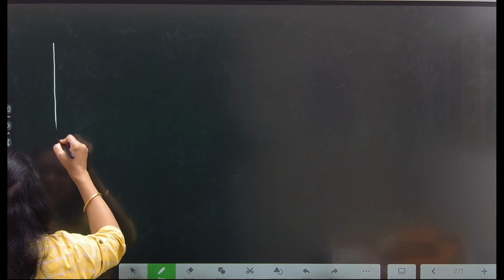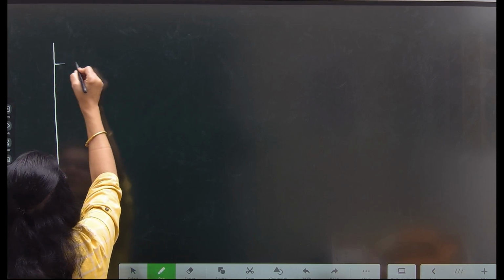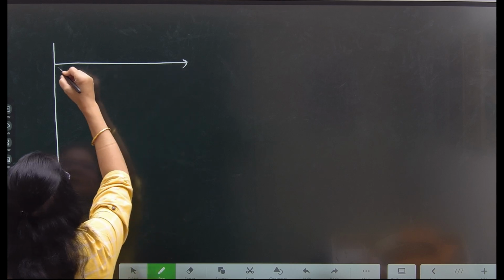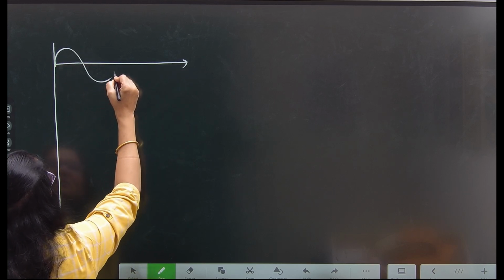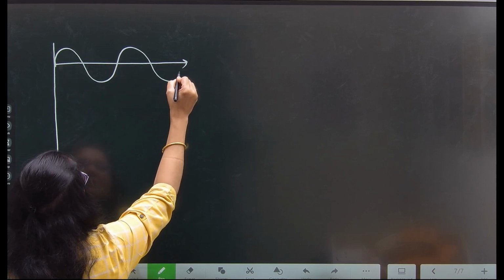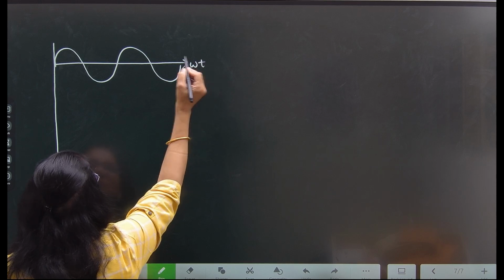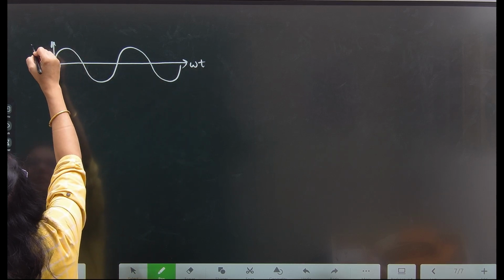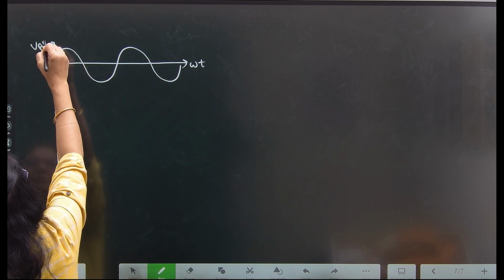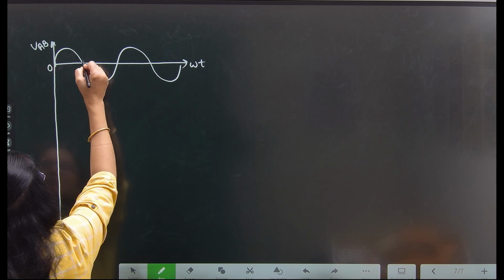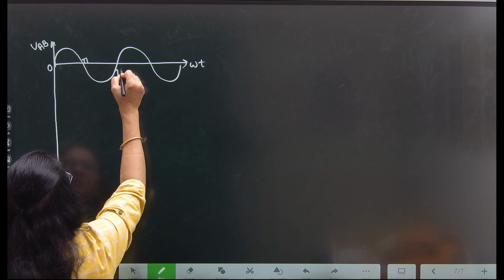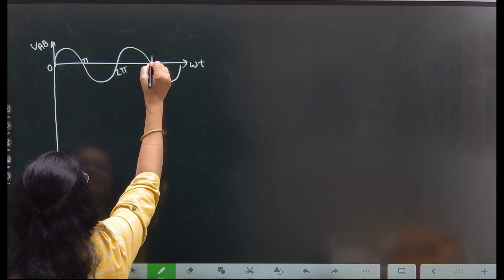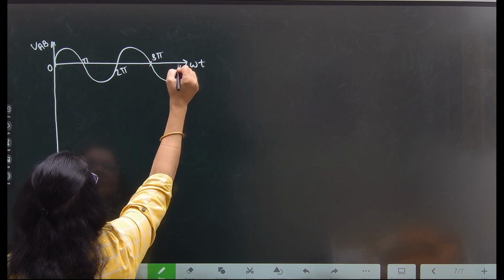The full wave rectifier waveforms are as follows. This is the input waveform VAB, 0 to pi to 2 pi and 3 pi and 4 pi.